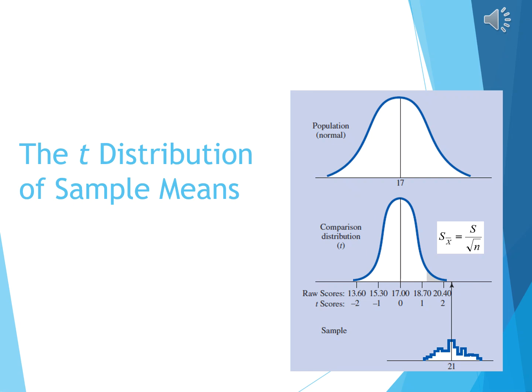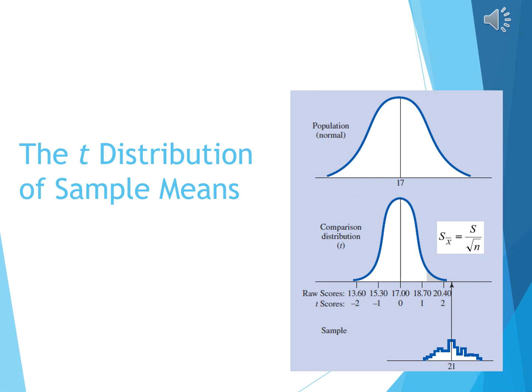And how you find that is the standard deviation of your sample divided by the square root of the number of people in your sample. So we are trying to compare our sample mean, hours studied per week, against the average study time per week of all the other students in our major.